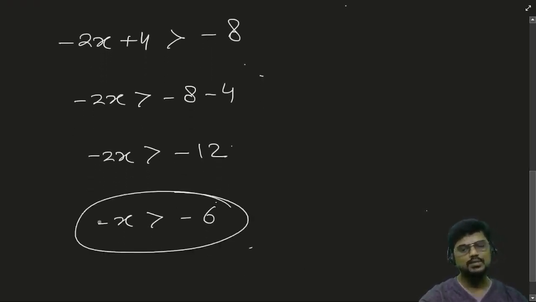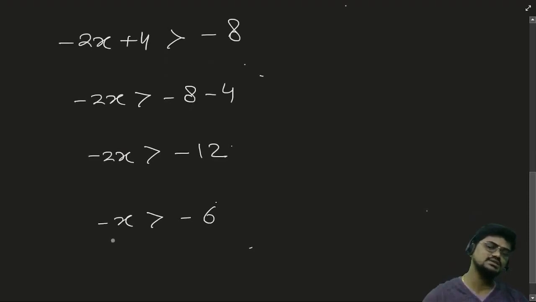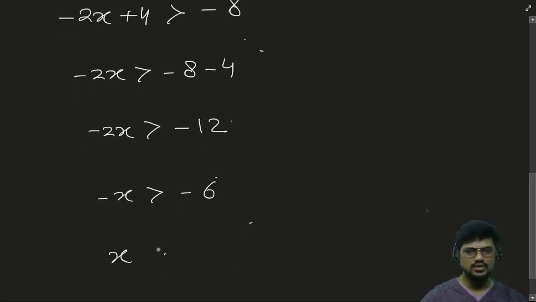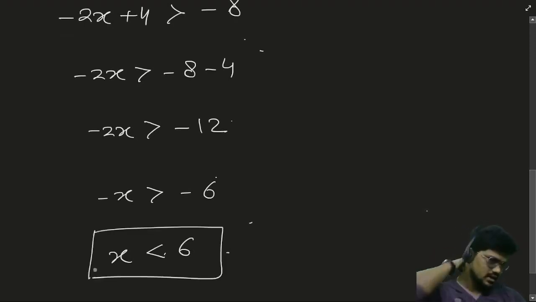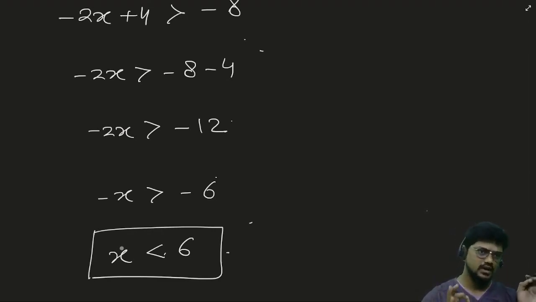Whenever you are doing multiplication or division with a minus number, at that time you have to flip this. Got it? This is the only thing which you need to remember while solving the inequality problem. Whenever you are multiplying with a minus number, either division or multiplication, you have to flip the inequality.